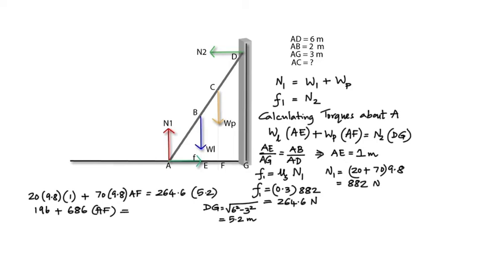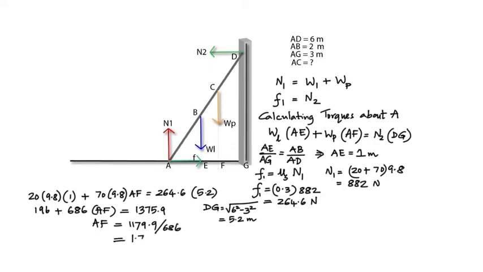Okay. So now doing the math, 20 times 9.8 is 196. 70 times 9.8 is 686. We do not know AF. And here on the right side, 1375.9, from which we can get AF.